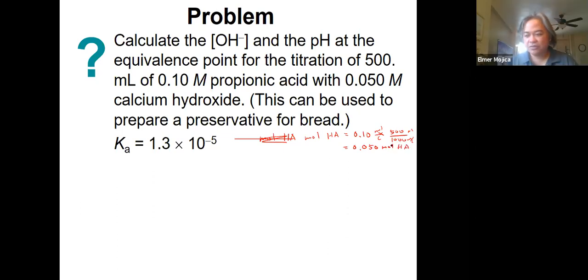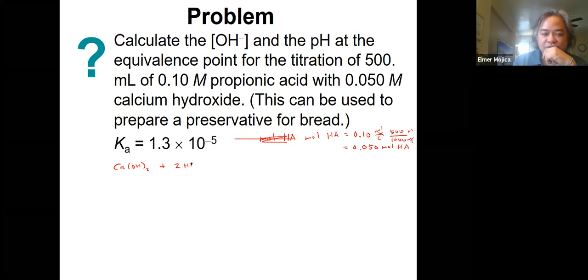And if you're going to look at the reaction here, you have calcium hydroxide, so that's 2 hydroxide for every reaction. That means you need 2 of the acid to give you 2 H2O and CaA2.